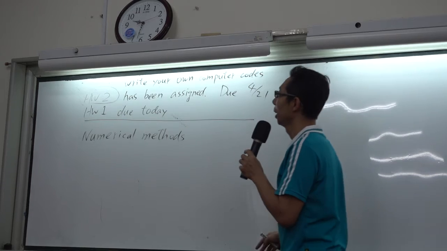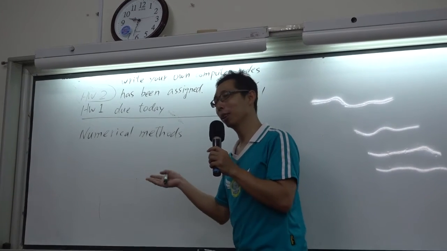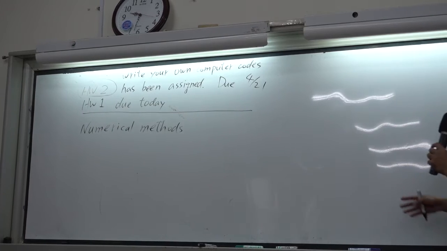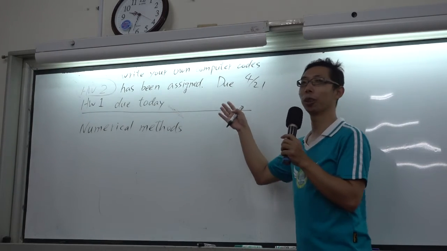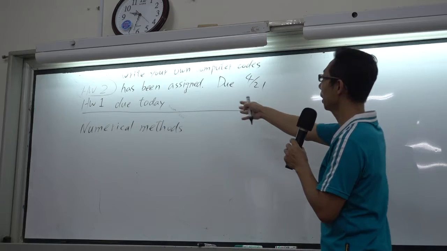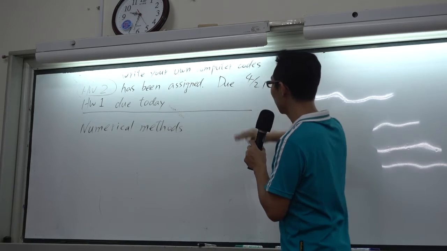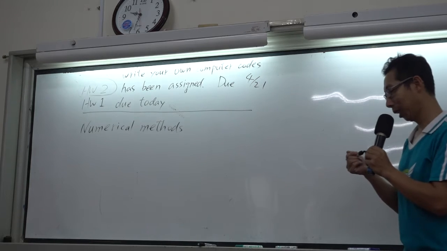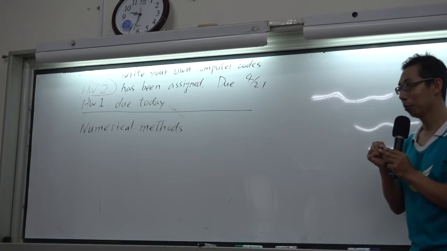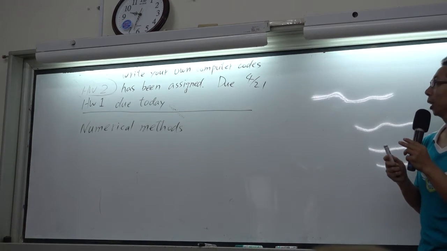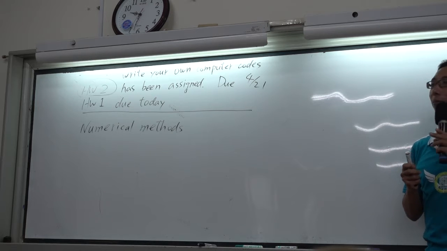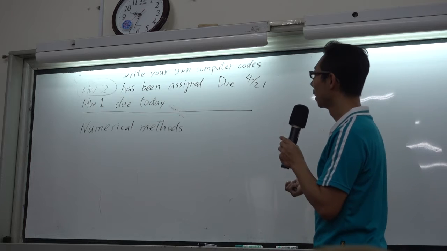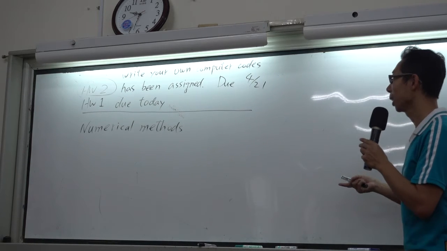Starting from homework 3, I don't really care what kind of software you use, but at least you need to try this for homework 2. So please write your own computer codes. You can use C, C++, Python, or MATLAB, as long as it's executable so that when we execute, we can see the results.